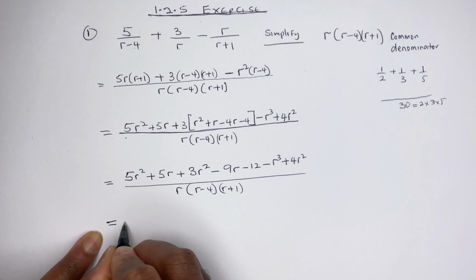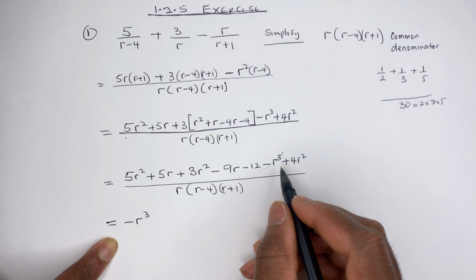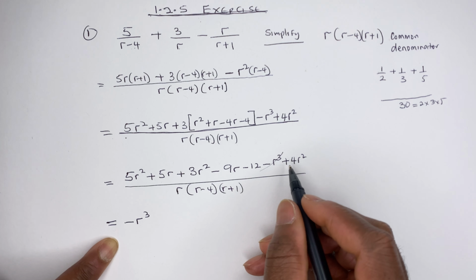I have 5r squared plus 4r squared plus 3r squared, so that would be plus 12r squared.